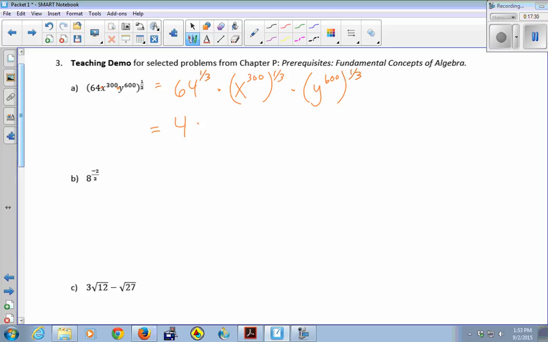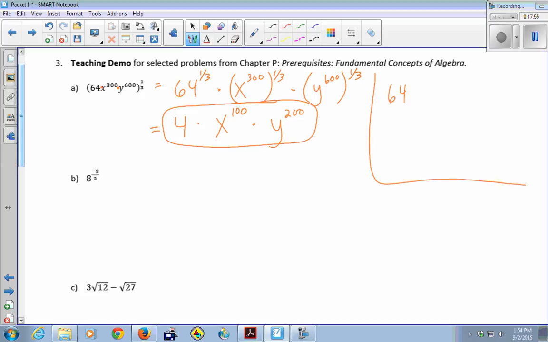When you're raising a power to a power, you multiply. So 300 times 1/3 is 100. And then 600 times 1/3 is 200. Yep.